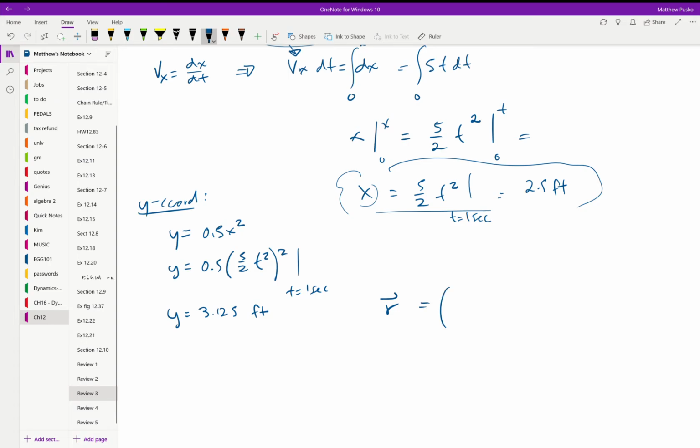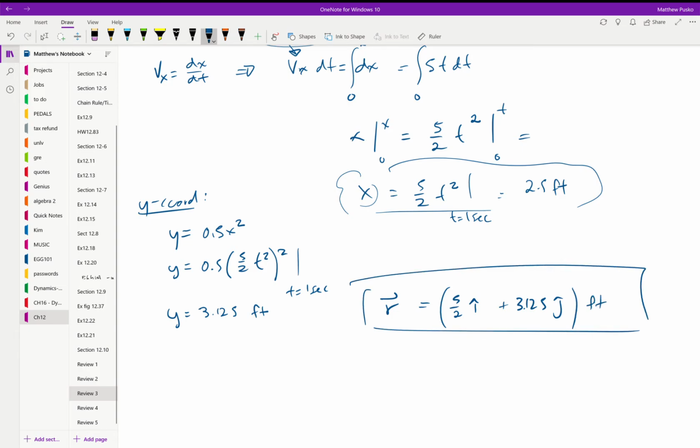Alright, we now have its position vector. It gave us its displacement when we integrate, but it started at the origin, so that ends up being its position vector r. We get 2.5 or 5/2 in the i direction, plus 3.125 in the j direction. And that's all feet.